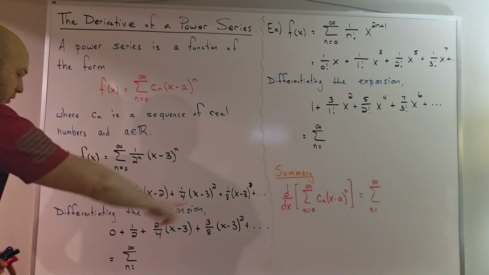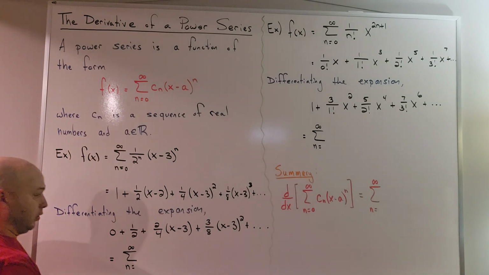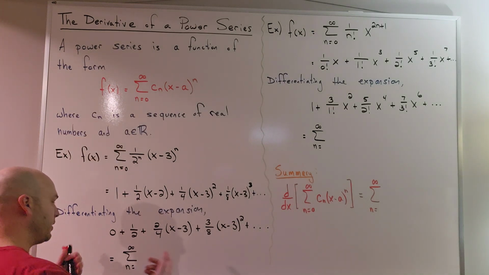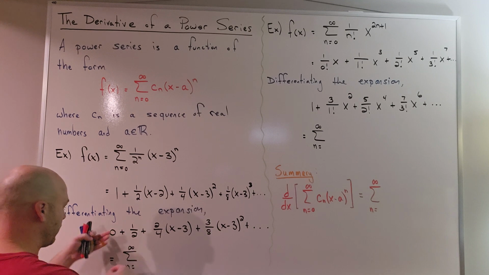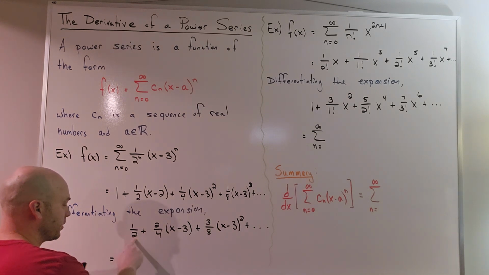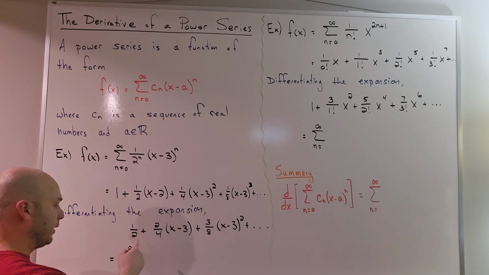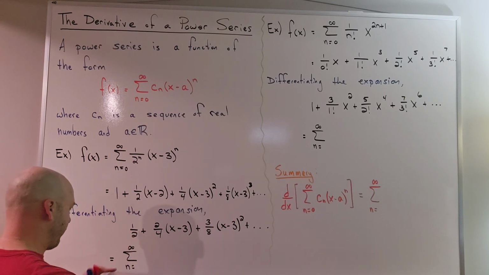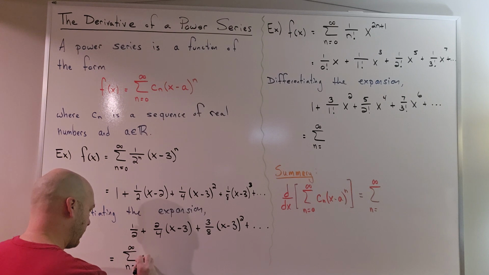Now, if I look at these terms here, let's look at what's happening. Each one of these has a fraction. So again, the 0 plus, we can just erase that. The series starts here. It looks like we have a fraction, and then powers of x minus 3.